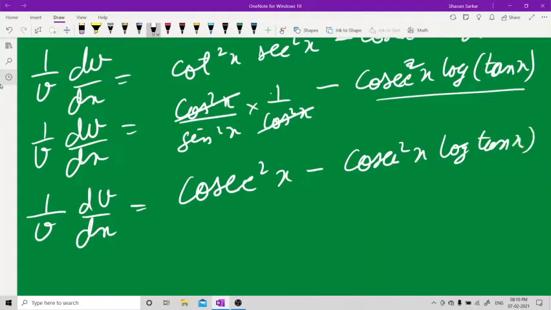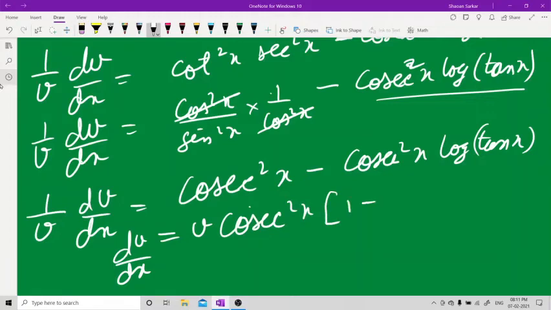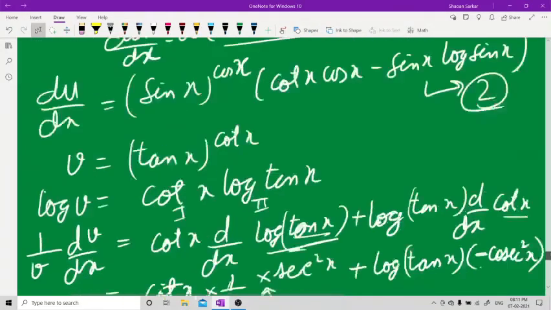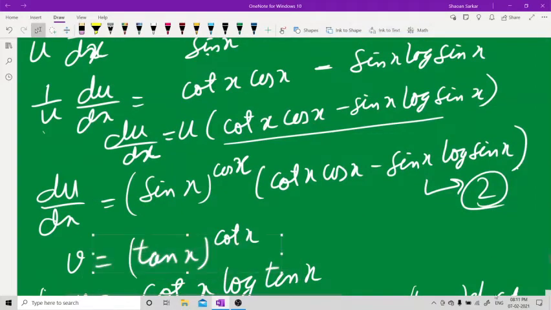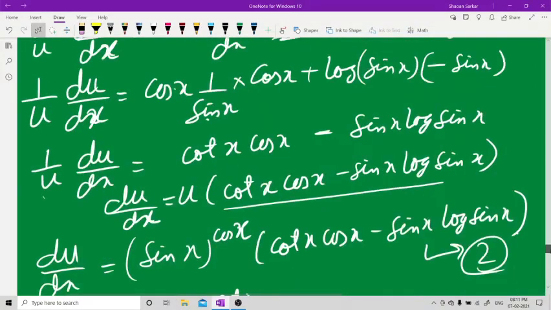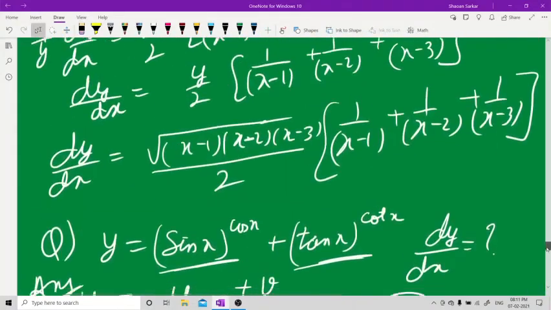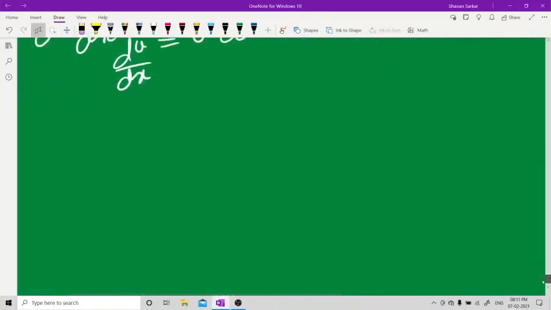You may take cosec square x common. So dv dx is v cross multiplied, with cosec square x common, and then 1 minus log tan x. Now what was v? Let's check. V was tan x to the power of cot x.